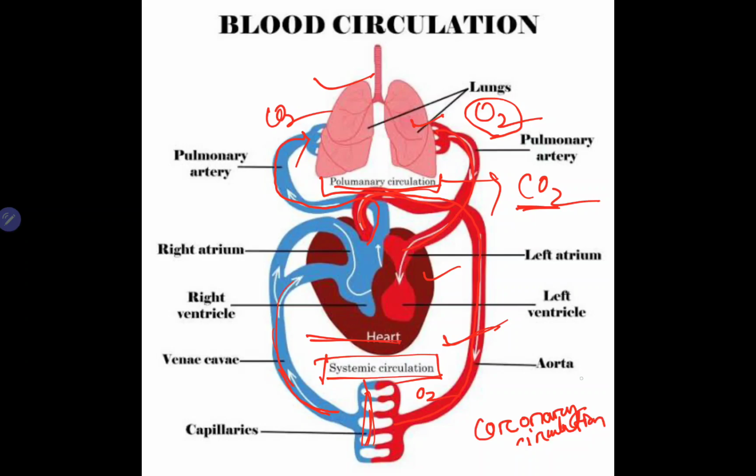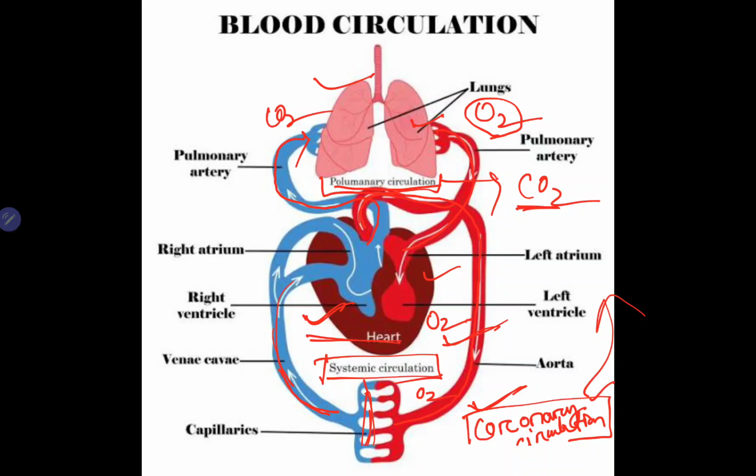Now what does this coronary circulation do? It is an essential portion of circulation where oxygenated blood is supplied to the heart itself. It is very important to know that the coronary circulation does the circulation inside the heart only.